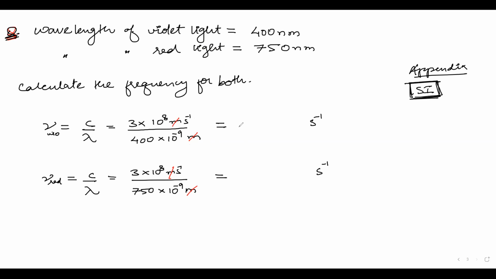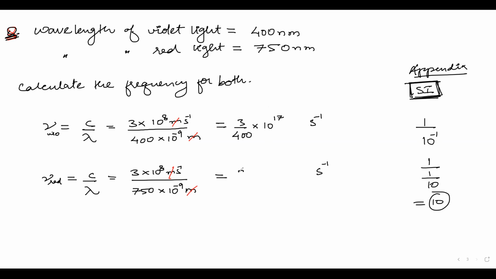So it will be 3 by 400 into 10 to the power... how much? This 9 will come above and it will become positive. This is minus 9 now. If I say 1 upon 10 to the power minus 1, what does this mean? This means 1 upon 1 by 10, so this is equal to 10. So this minus 9 will come above and become plus 9. So it will be equal to how much? 8 plus 9 is 17.